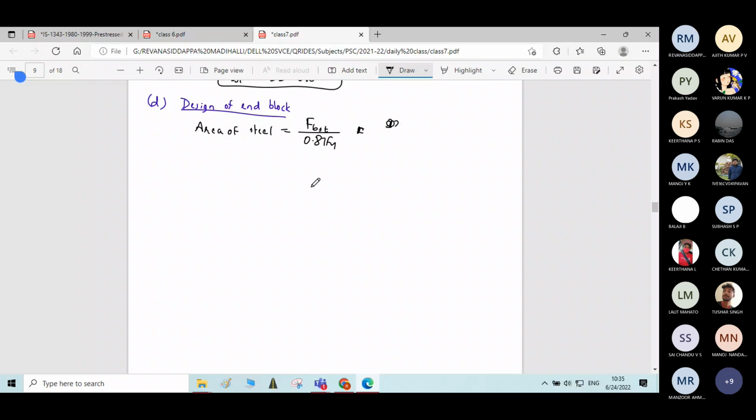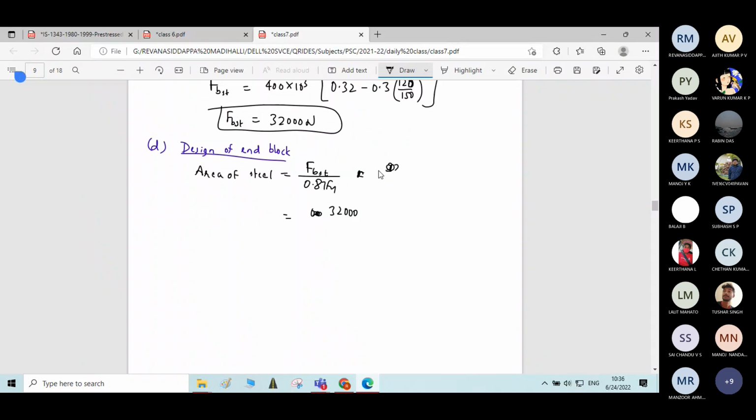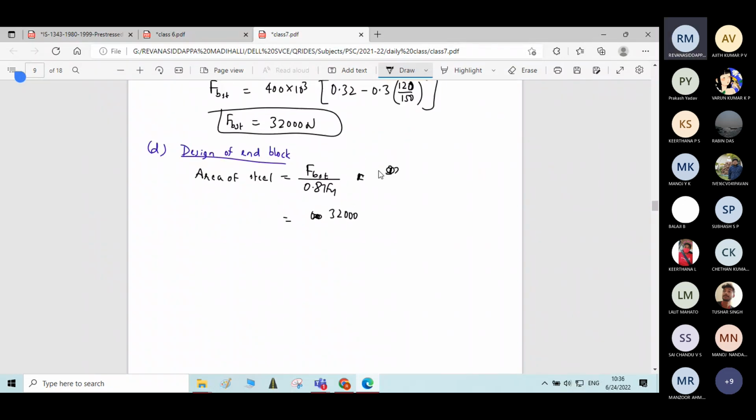32,000 divided by 0.87 into FY, 250. By this you'll get the area of steel as 147.12 mm square.